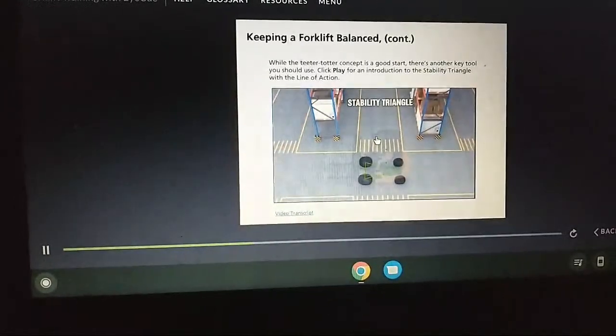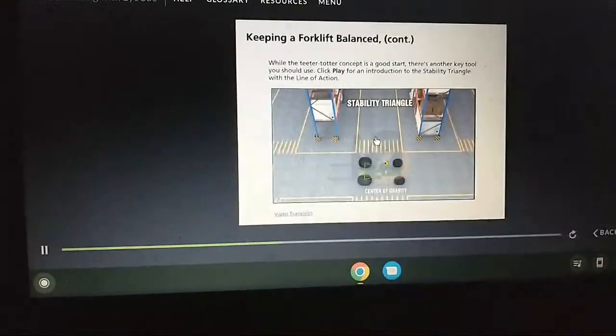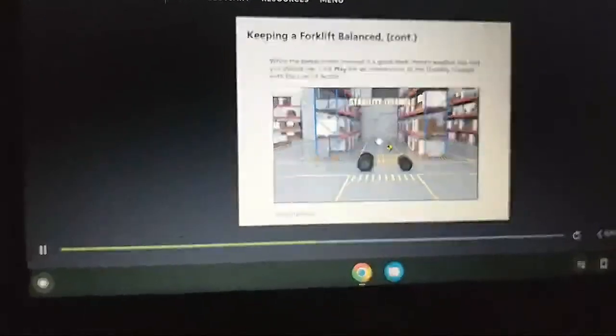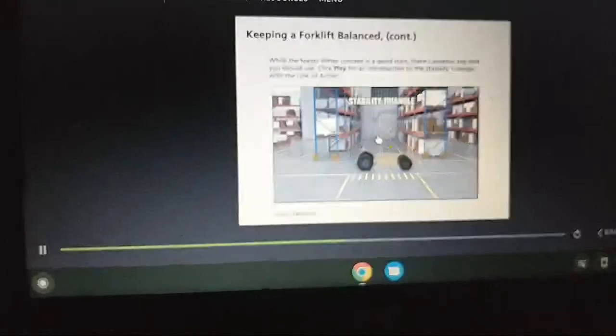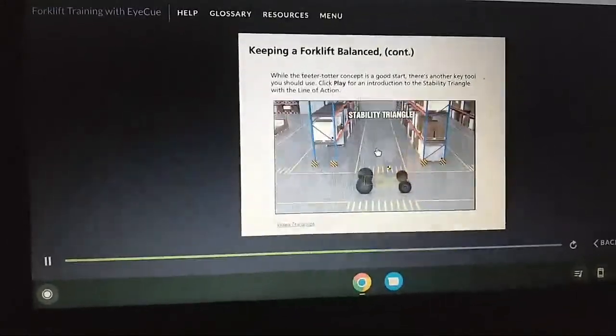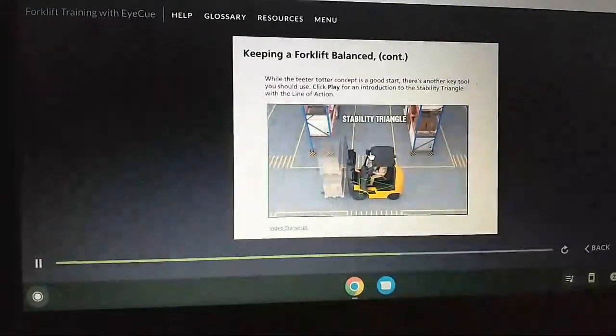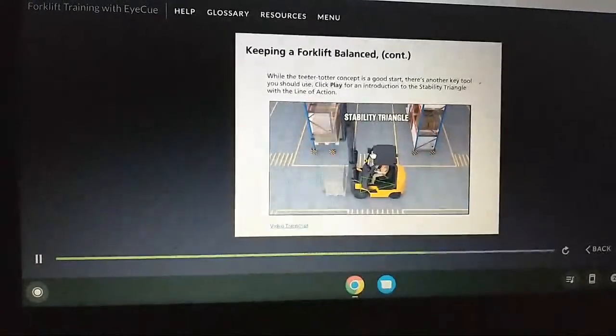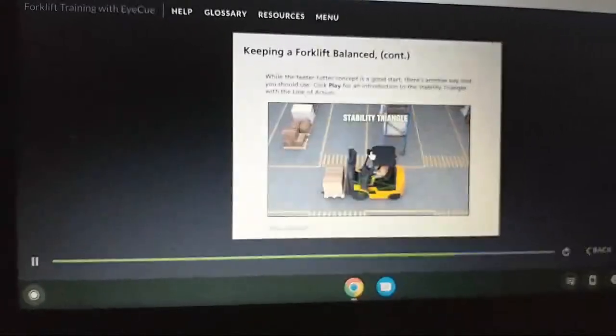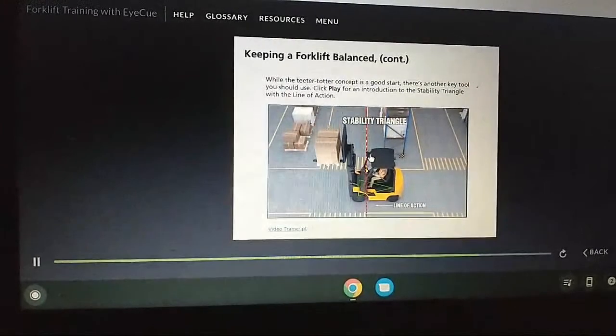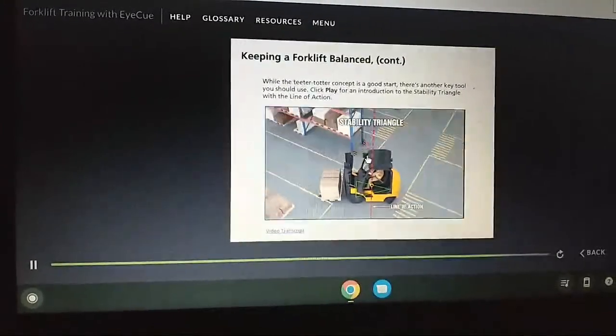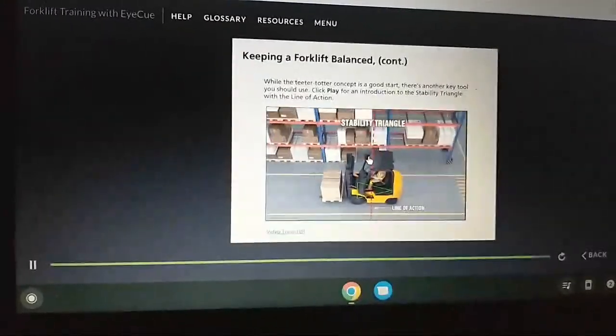This triangle holds your safe center of gravity. When unloaded, the center of gravity is located around the middle of the forklift. Adding a load, moving it up or down, and traveling with it shifts the center of gravity. There is also what's called the line of action, which travels up and down with the load. It's a lot to consider.